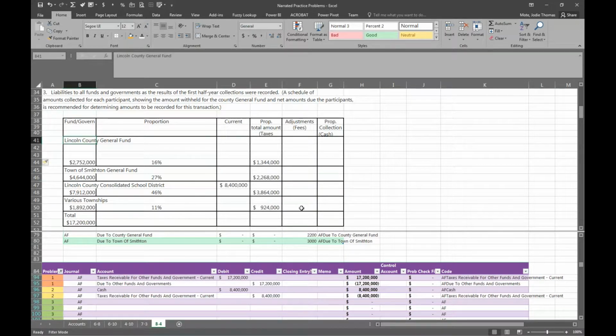So let's calculate what these are going to be. It's going to be the various other townships, that 1% is the fee, I think, times 0.01. And actually, let's do a negative there so we can just add up everything. All right. So there's that fee. Consolidated School District, there's that fee. And Town of Smithton General Fund, there's that fee.